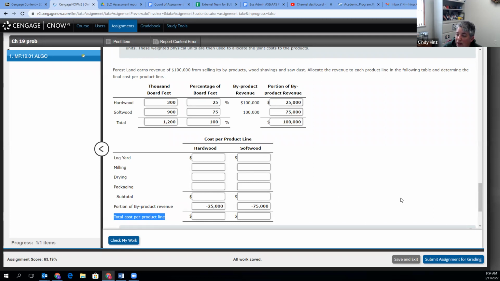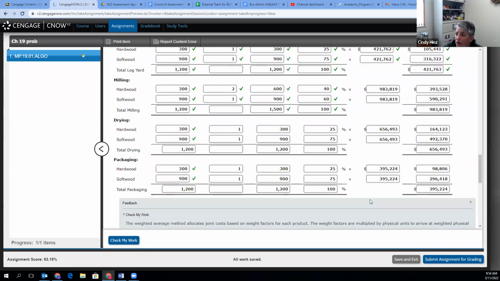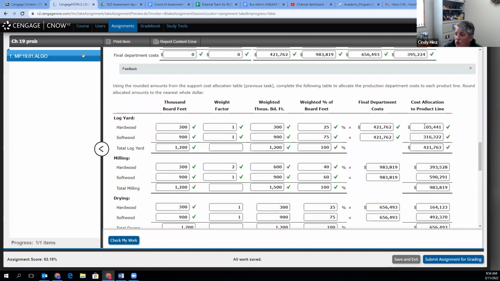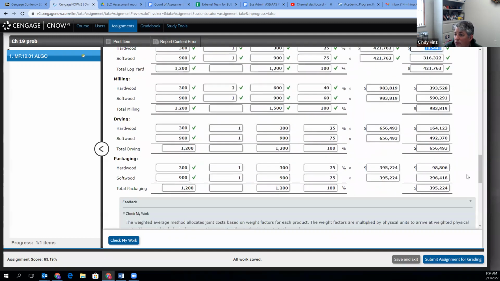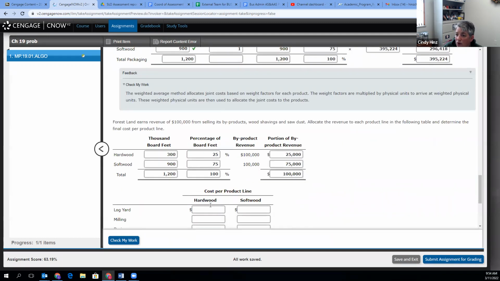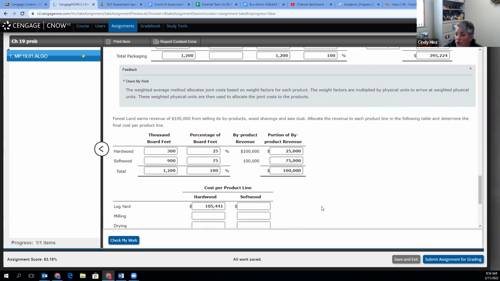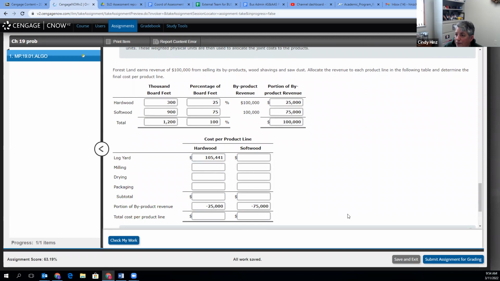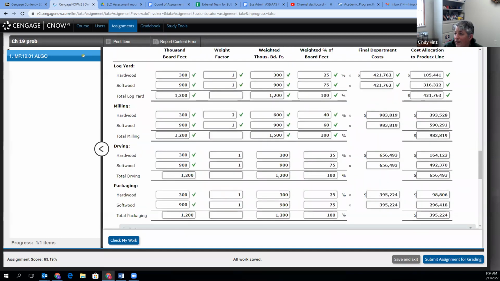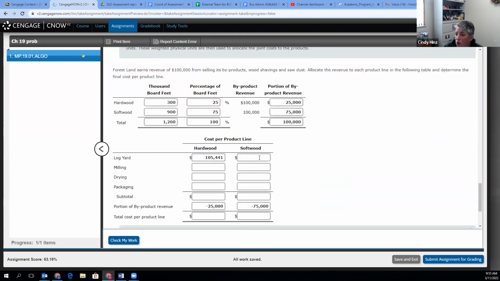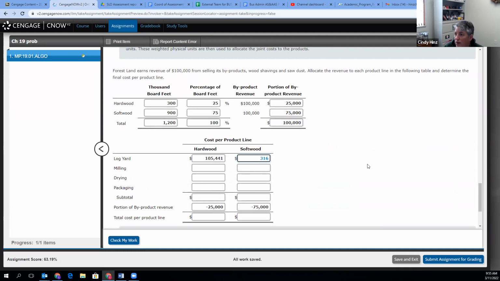Last thing we need to do then, this is just a summary of what we did here. And so, for example, in the log yard, hardwoods received $105,441 worth of cost. So all we are doing in this final step of the problem is taking this last column here of the cost allocations between hardwood and softwood and totaling or summarizing them down here.